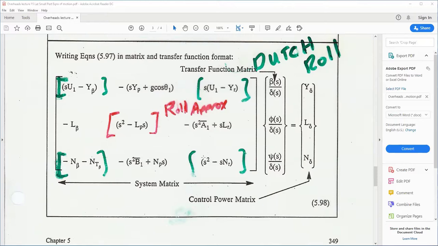So if you do that, then you take the determinant, which becomes the denominator polynomial when you do partial fraction expansion.